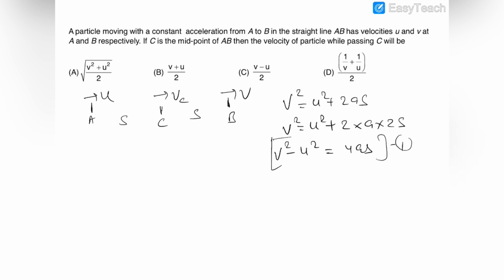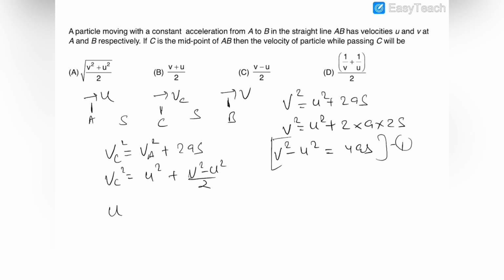Now if we use the same equation of motion for motion from A to C, then Vc square is equal to U square plus 2AS. So Vc square is equal to U square plus 2AS, and 2AS is (V square minus U square) by 2.